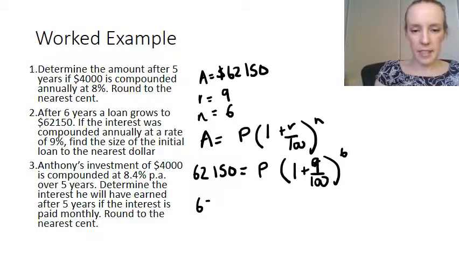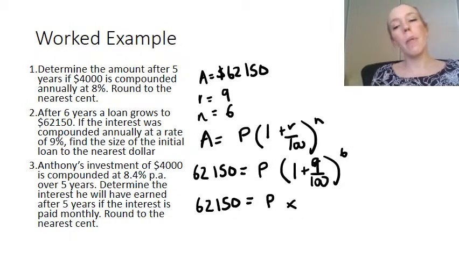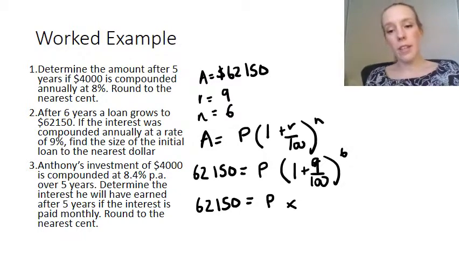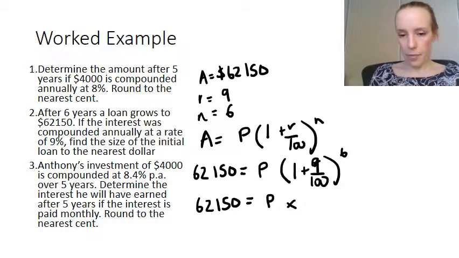So I've just solved these brackets here. 1 plus 9 over 100 is obviously 1 plus 0.09, so 1.09 to the power of 6.